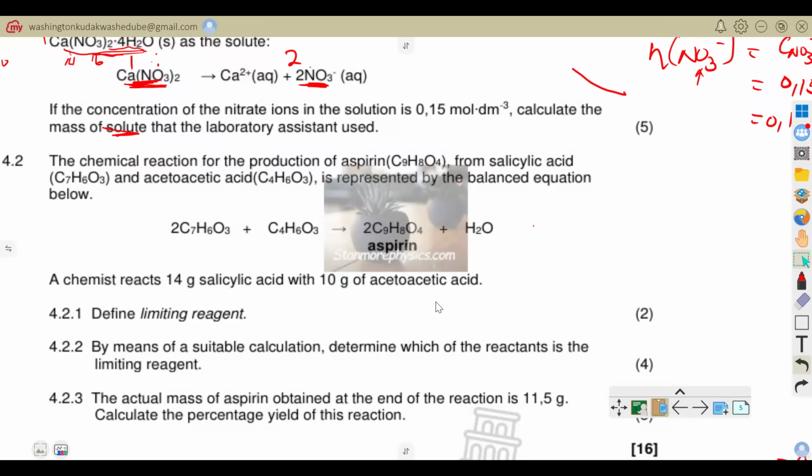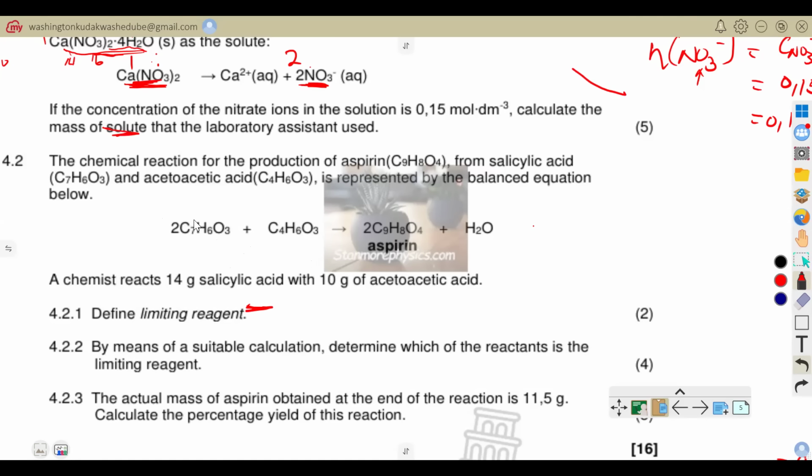So now let's define the limiting reagent. From our definition, we know that in a reaction, there is either an excess reagent or a limiting reagent. A limiting reagent is the one that gets used up, the one that determines when our reaction is going to stop.